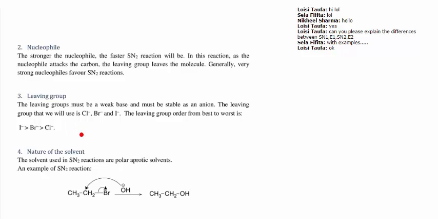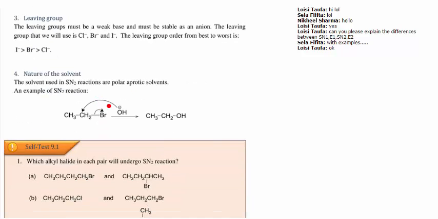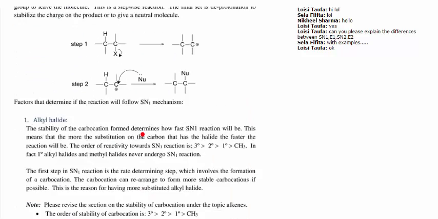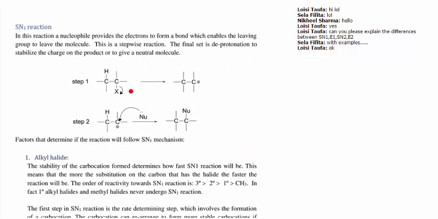Iodide will leave much more easily than bromide, which will leave much more easily compared to chloride. And the solvent used is always a polar aprotic solvent.